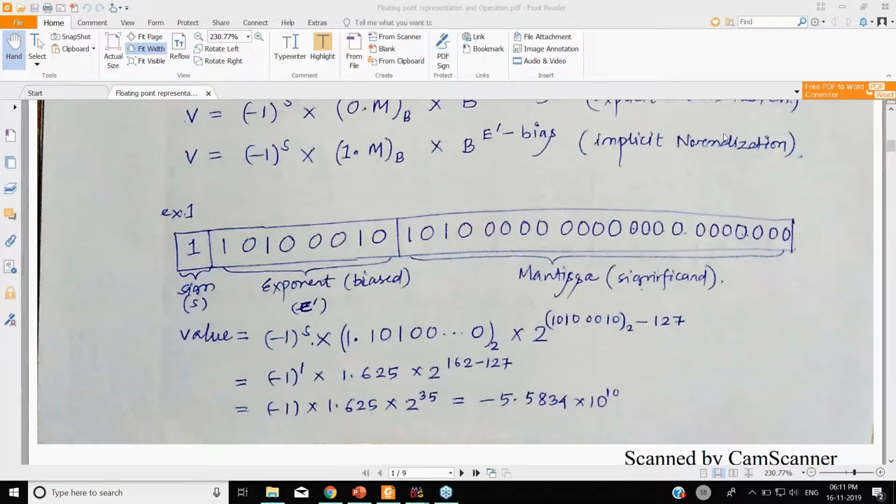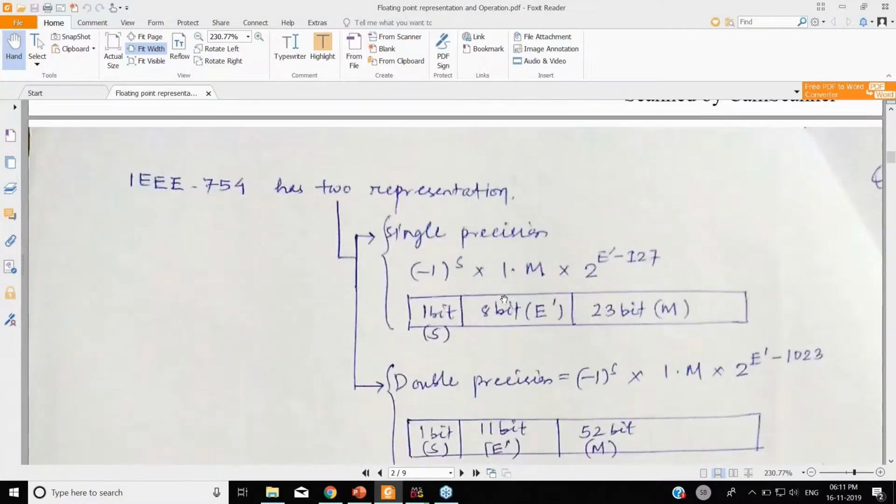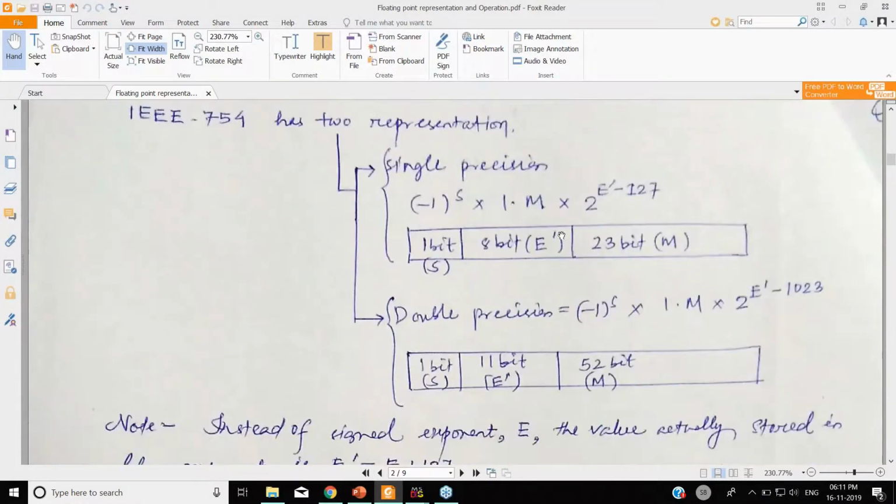We have already seen that in the earlier example, and this will also show the exact value. So I'm going to the next point. As I told you, it has two representations according to its bit length. One is single precision, of 32 bit, and the other is double precision, of 64 bit.